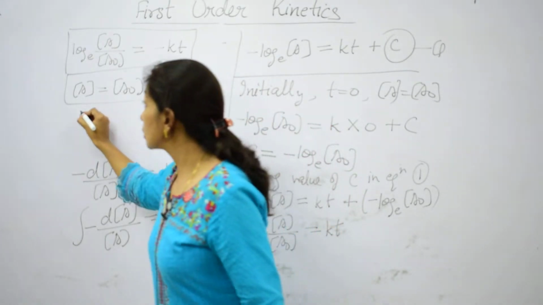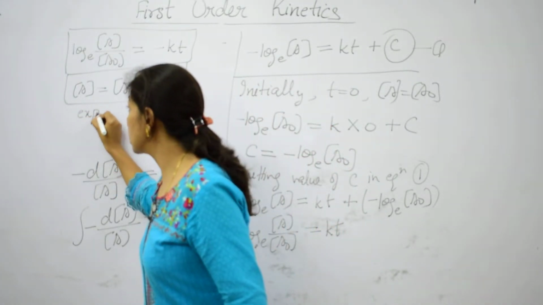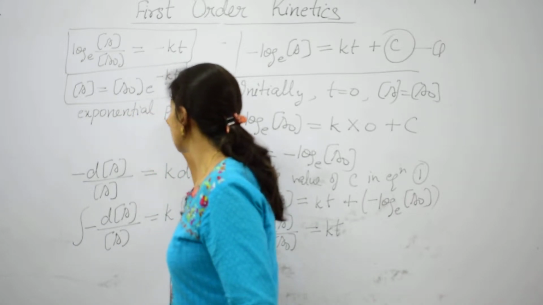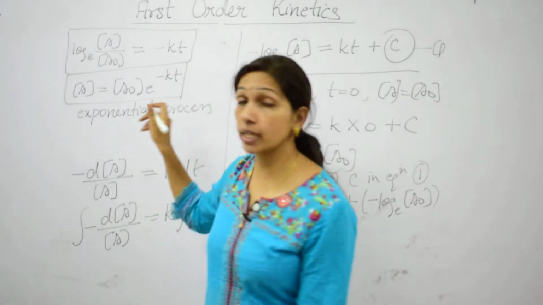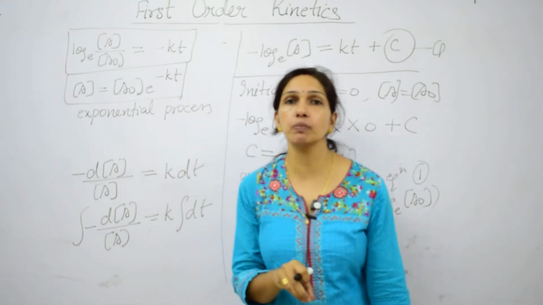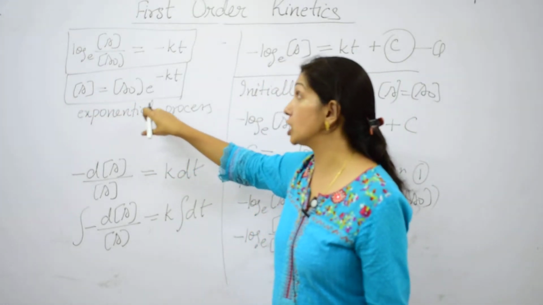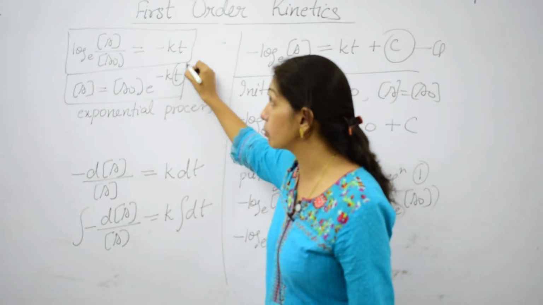It means the first order kinetics is an exponential process. The first order kinetics being an exponential process, the concentration of reactant decreases exponentially with time t.